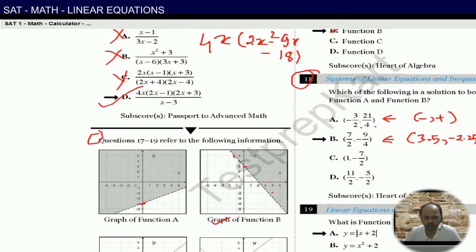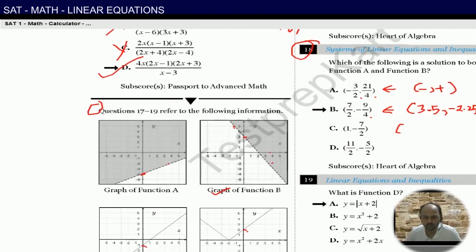And let's move to this one, 3.5, -2.25. Yes, so I believe this portion must satisfy this. And if we come to the next one, it is 1, -3.5. So here it is 1 and -3.5 would be somewhere around here.